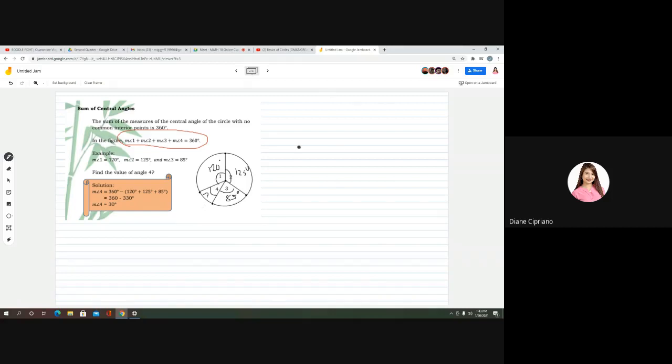All you need to do is add them up and equate it to 360. So we have 120 degrees plus 125 degrees plus 85 degrees plus the measurement of angle 4 is equal to 360 degrees. And we are looking for the measurement of angle 4.